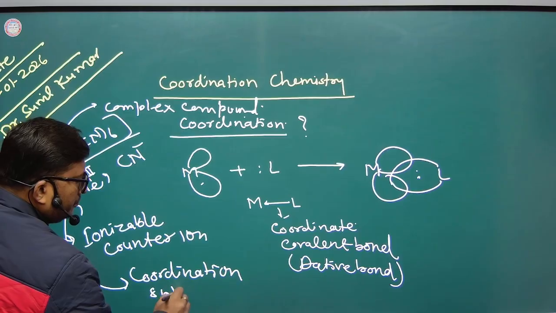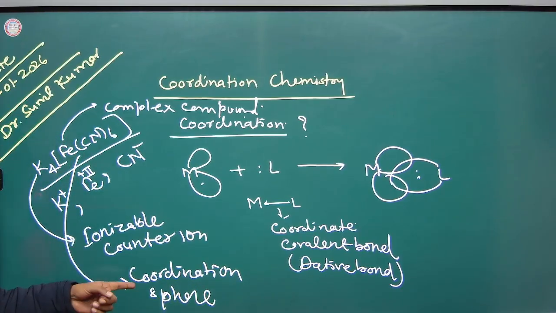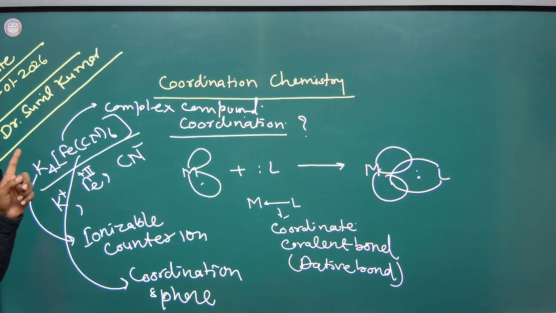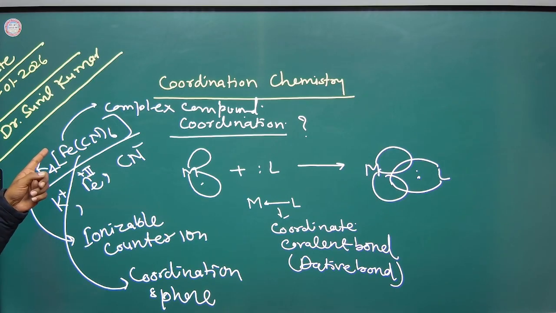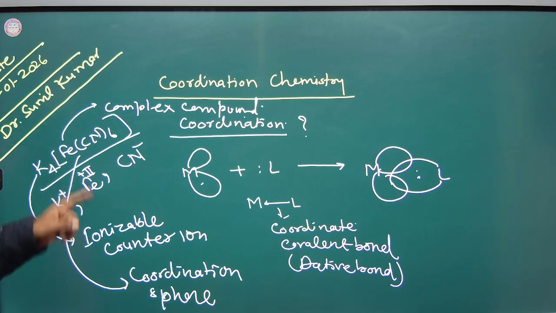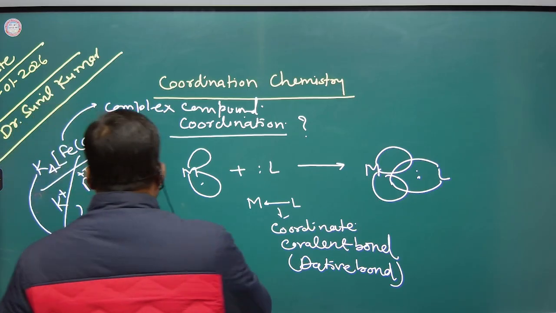The coordination sphere means there is a metal which is surrounded by a group or number of donor centers called ligands. So in the square bracket there is metal and ligand. Okay, so this is called the complex ion.